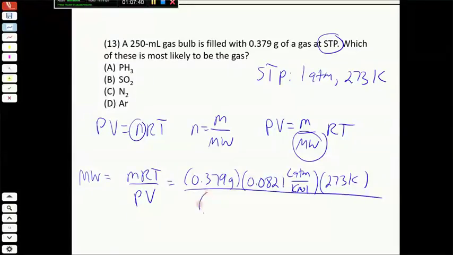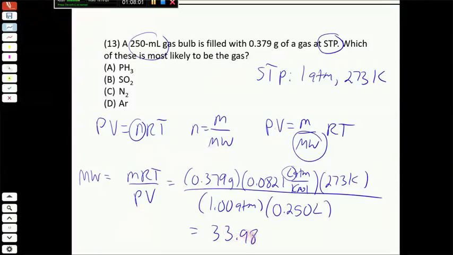And then the pressure at STP is 1 atmosphere. And we're told that the volume is 250 milliliters. That needs to be in liters for the ideal gas equation, so we have to divide that by 1,000, which gives 0.25 liters. And so what we get in this case is 33.98 grams per mole, keeping probably more significant figures than we need.